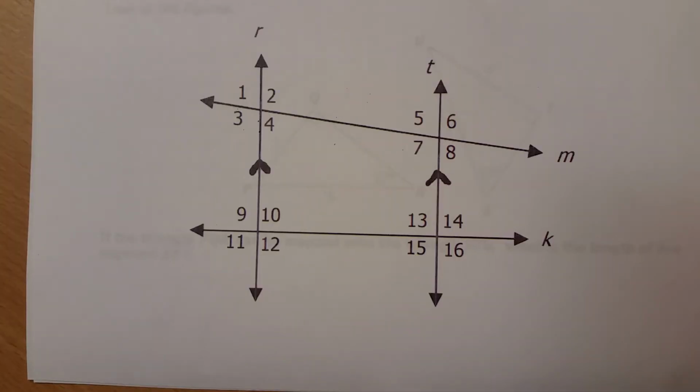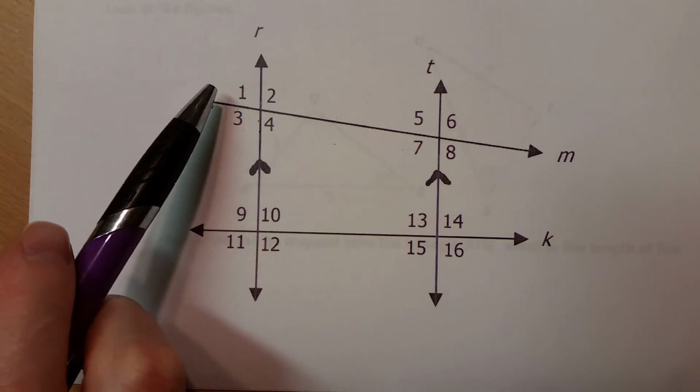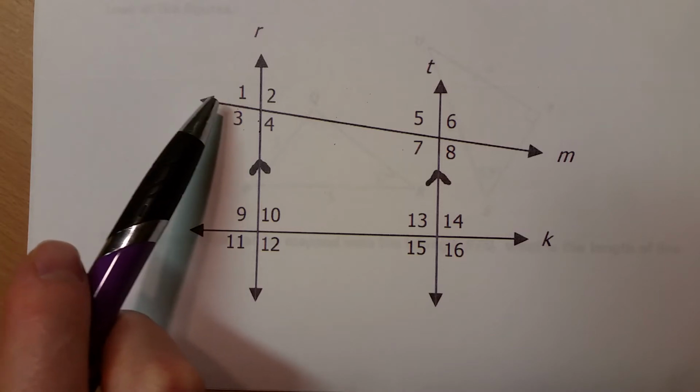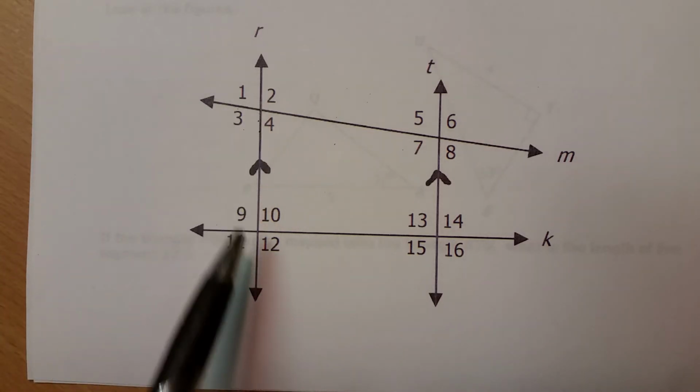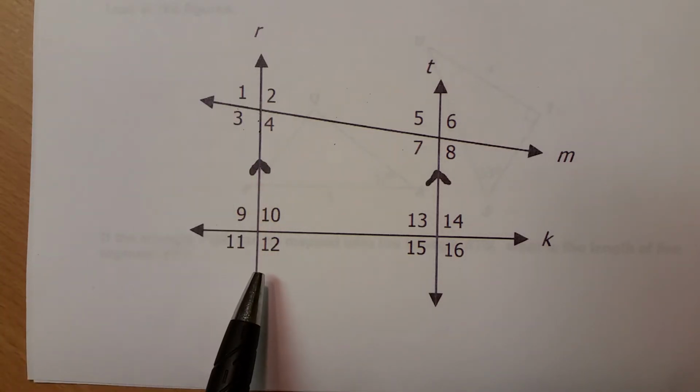So try your hand at a few of these. What is the relationship between angle 1 and angle 12? Well, this is the transversal. 1 and 12 are on opposite sides, so they're alternating, and these are exterior angles.